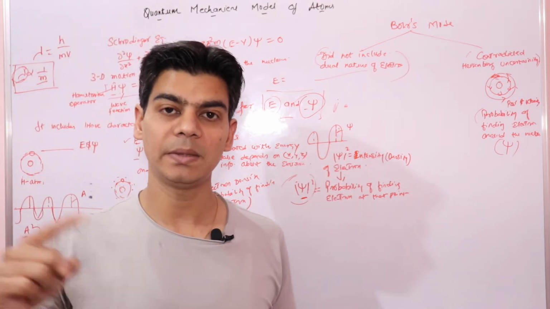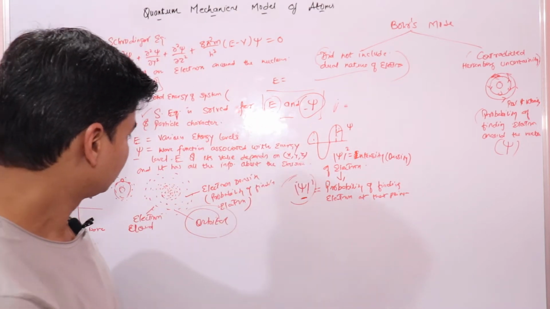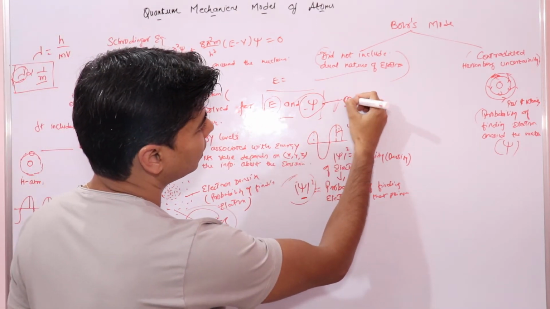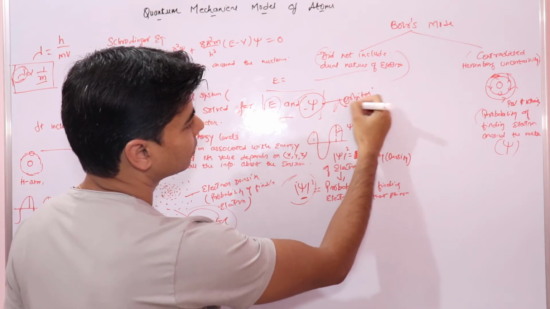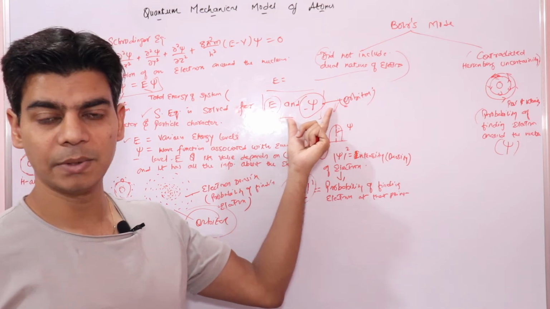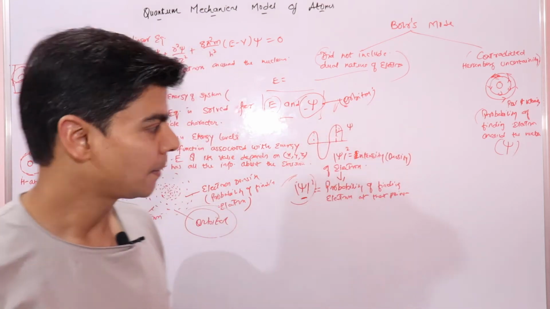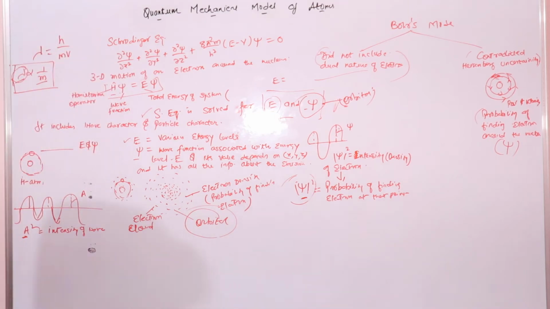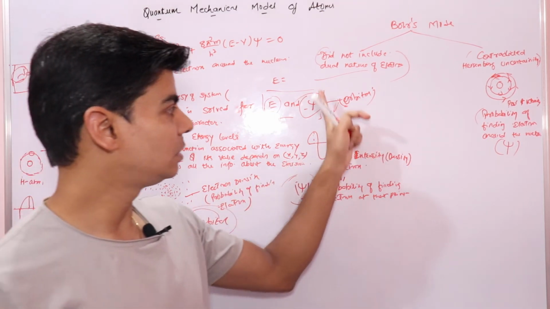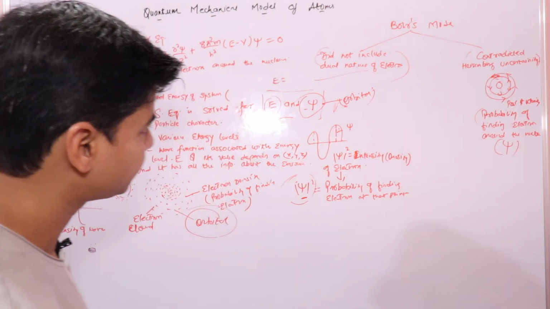Since it can have multiple wave functions, and we say that this psi represents an orbital, which is a wave function, and there are multiple wave functions, so we have multiple orbitals in an atom, right? And so now we know there are multiple orbitals because of multiple values of psi, right?